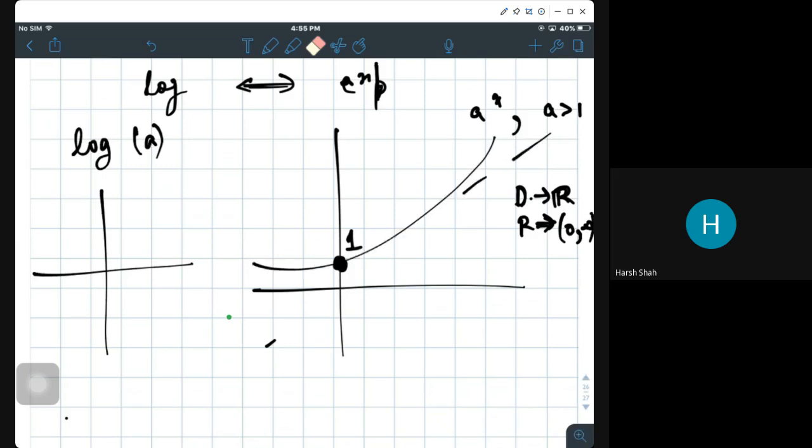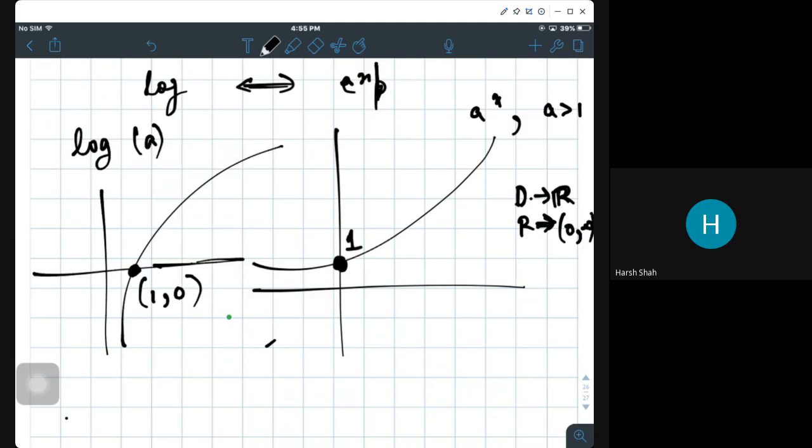Mirror at x equal to y. What is this point? 0 comma 1, I guess. Yeah, 1 comma 0.